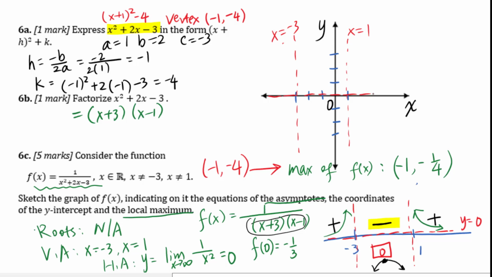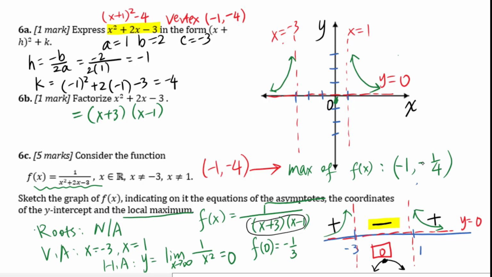Then the horizontal asymptote line, y equals 0. The graph like this. This side like this. The y-intercept is negative 1 over 3. It's here.